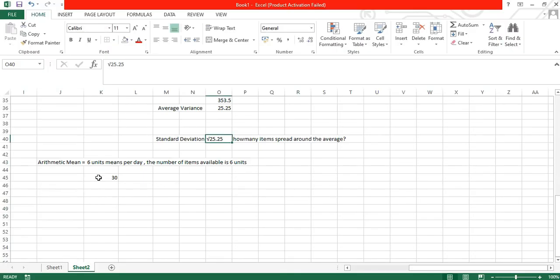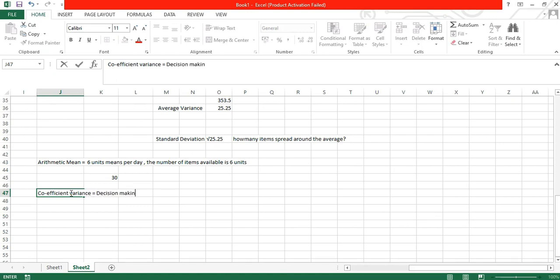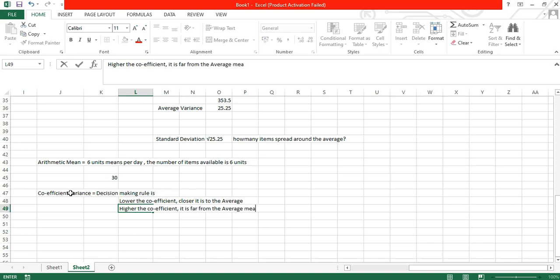The lower the coefficient, the closer it is to the average. The higher the coefficient, the farther it is from the average mean.